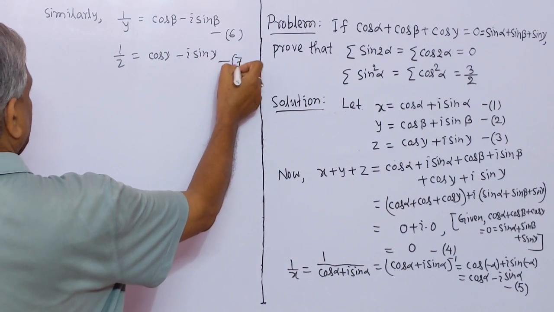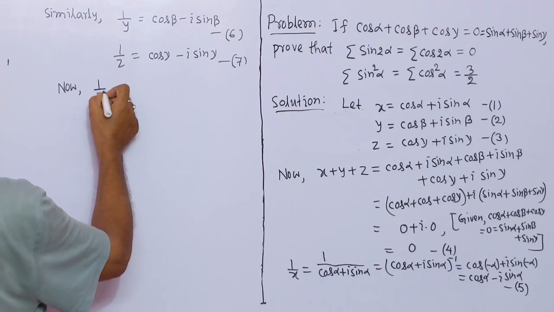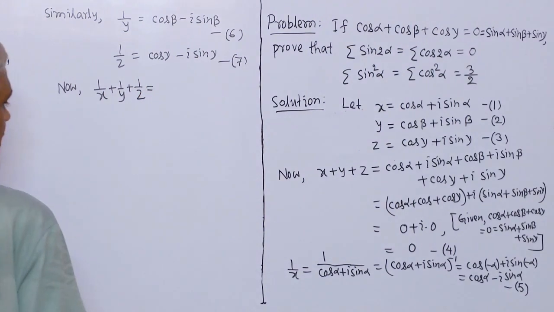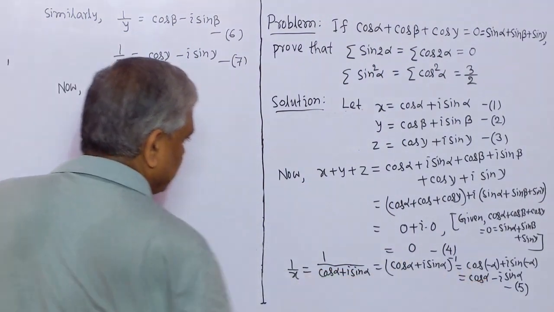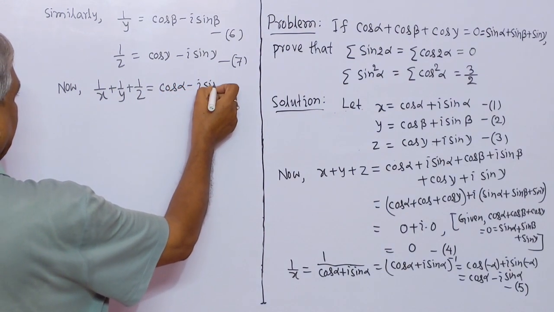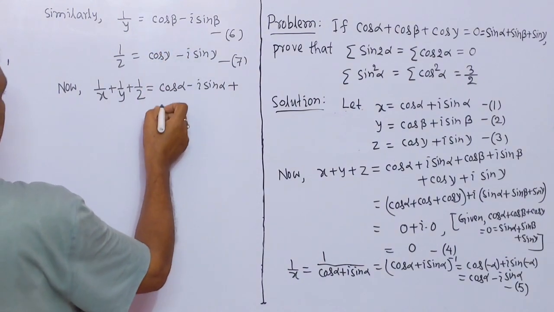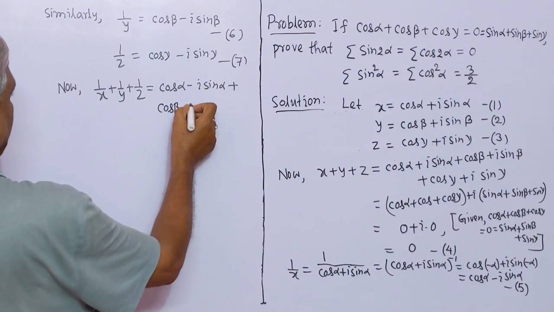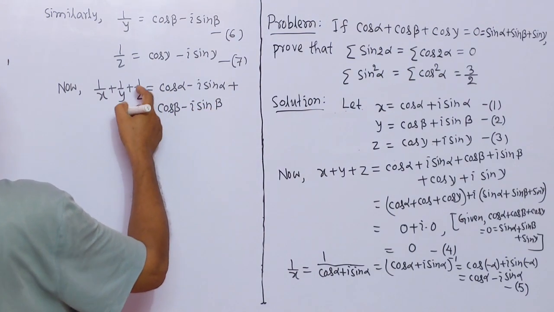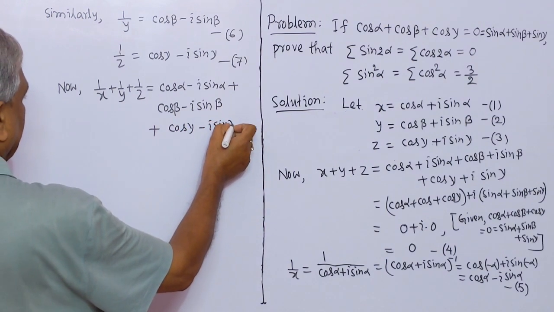1 by z equal to cos gamma minus I sin gamma. This is number 7. Now 1 by x plus 1 by y plus 1 by z. 1 by x is cos alpha minus I sin alpha, plus 1 by y is cos beta minus I sin beta, and 1 by z is cos gamma minus I sin gamma.